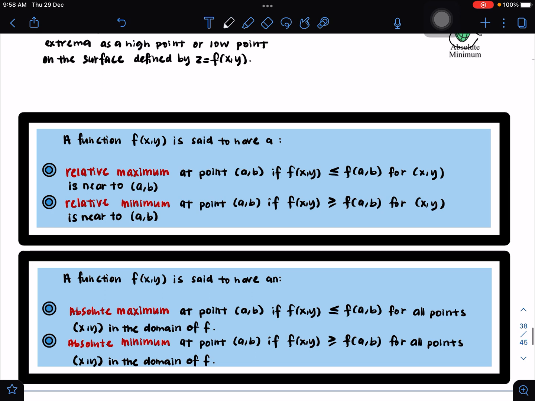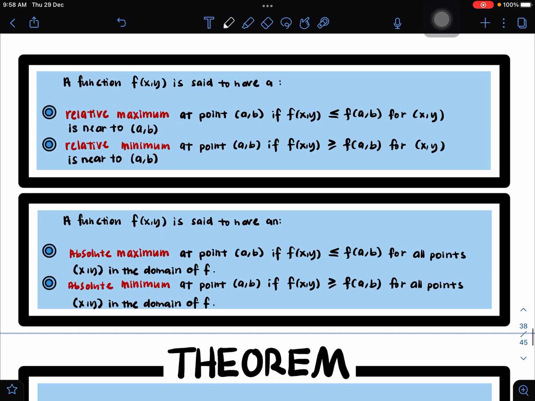So let's see a few definitions here. A function f(x,y), a function in terms of x and y, is said to have a relative maximum at point (a,b) if f(x,y) is less than f(a,b). So function in term of x,y tu kita cakap dia mempunyai relative maximum pada point (a,b) kalau f(x,y), maksudnya kita substitute x and y in the function, the value is less than when we substitute the value of point a and b.